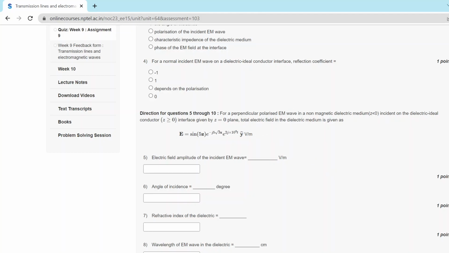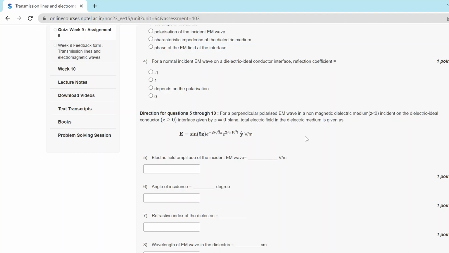Now coming to the 5th to 10th questions, they are connected questions. If you look at this, for a perpendicularly polarized EM wave in a non-magnetic dielectric medium incident on the dielectric ideal conductor interface, the total electric field in the dielectric medium is given as. So here the question is, in a dielectric medium there is a perpendicularly polarized EM wave.